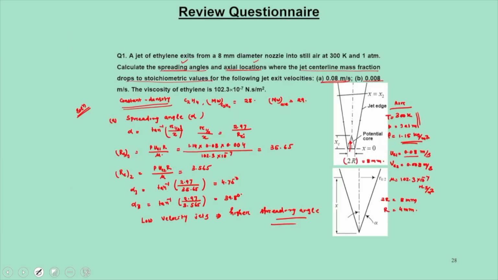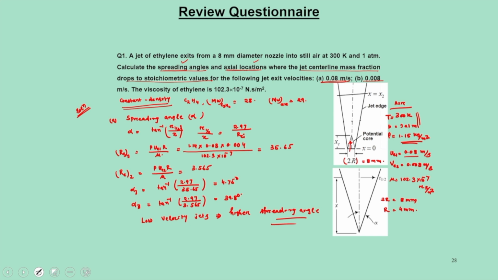So with this I conclude, and there are some review questions which help in solving textbook problems. For example, this particular problem asks about the effect of Reynolds number at various values of mass fraction and fuel fractions at different r and x.